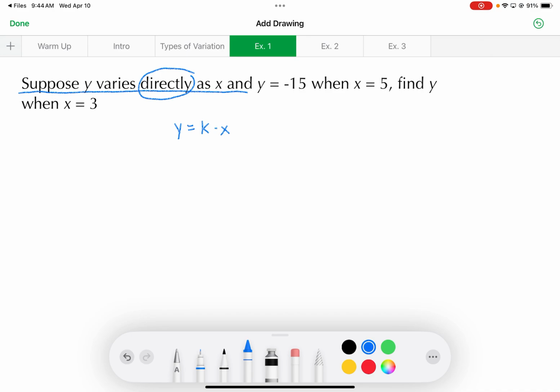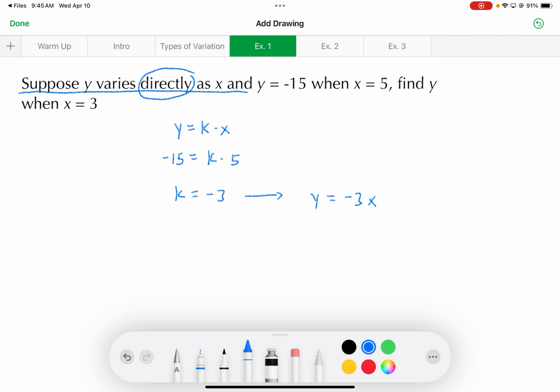So I like to treat this like a 2-step process. I plug in -15 for y, and I plug in 5 for x. Solve for the constant of variation k, you get -3. So the overall model for this scenario would be y equals negative 3x.